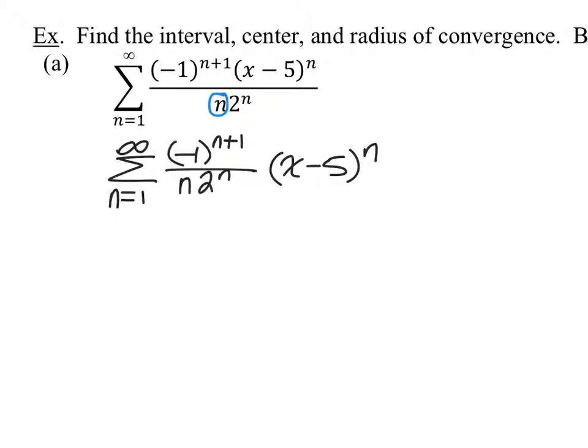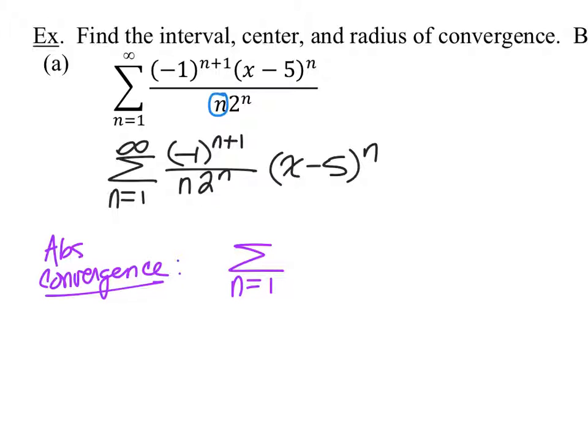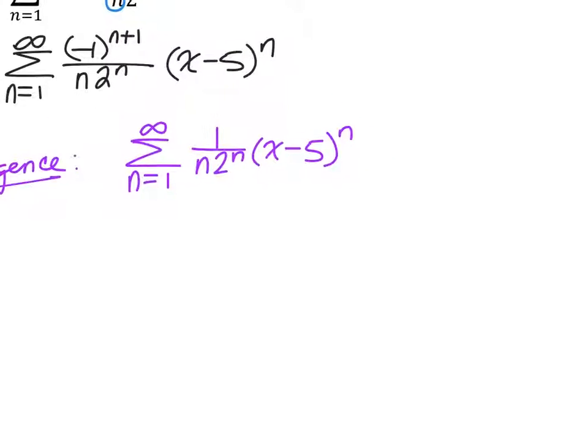Absolute convergence gets rid of the alternating part of it. So 1 over n times 2 to the nth times (x minus 5) to the n. All right, so I have powers of n, top and bottom. That's a recipe for the root test.